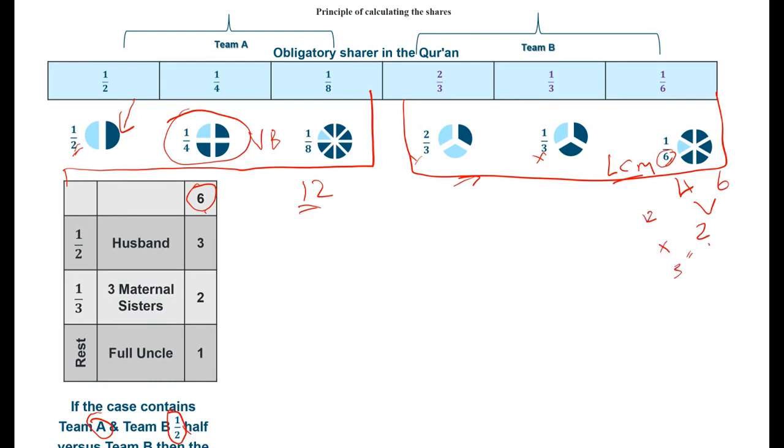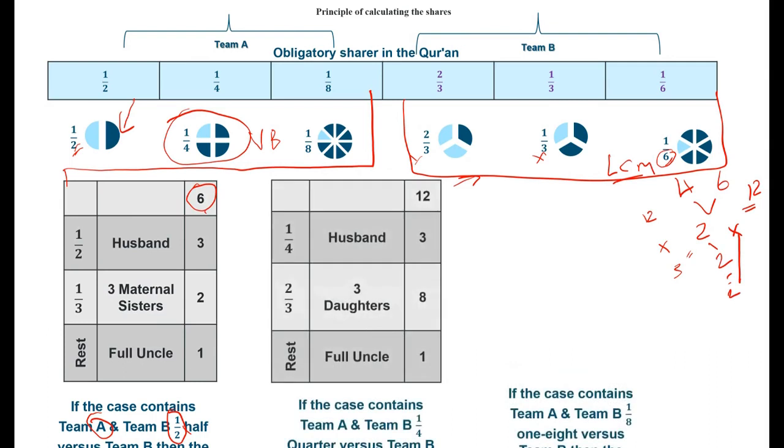Or 4 divided by 2 will be 2. So 2 times 6 will always be 12 as well. So the asl al-mas'ala will be from 12. So we have Team A, a quarter, and Team B, a 3, the result will always be 12.